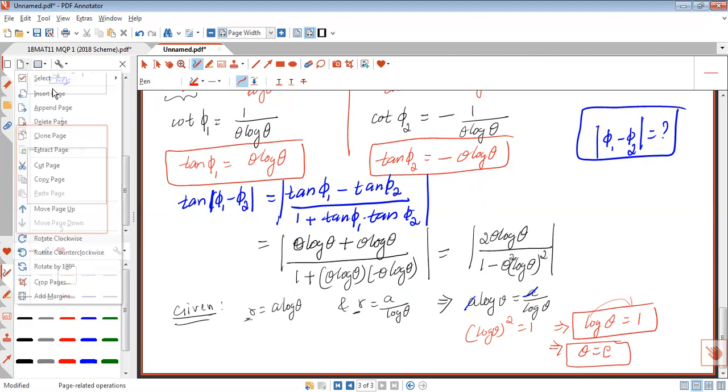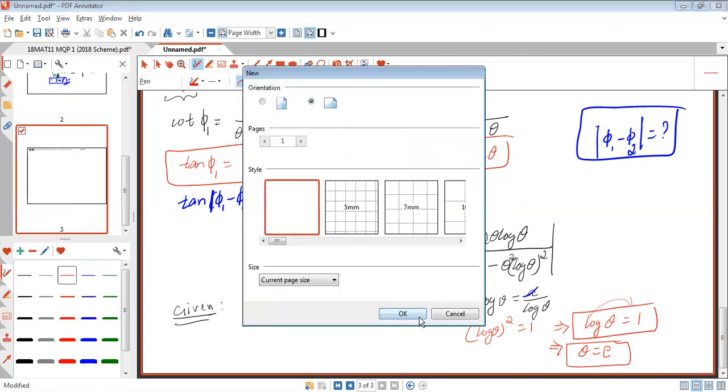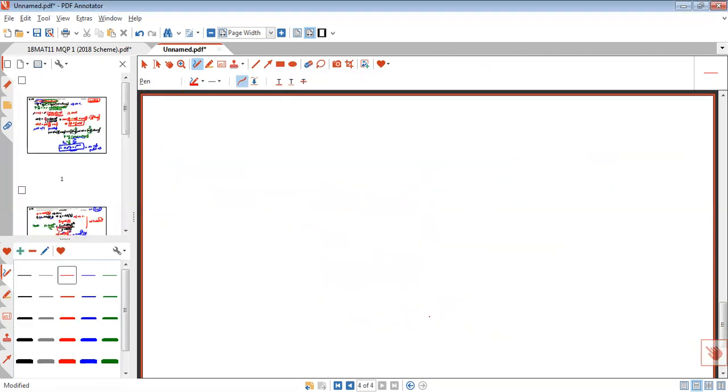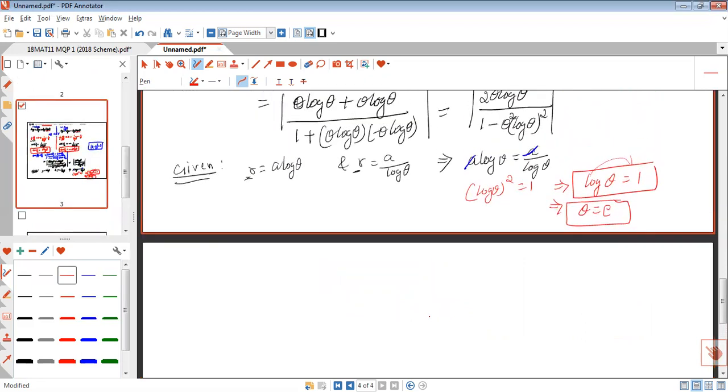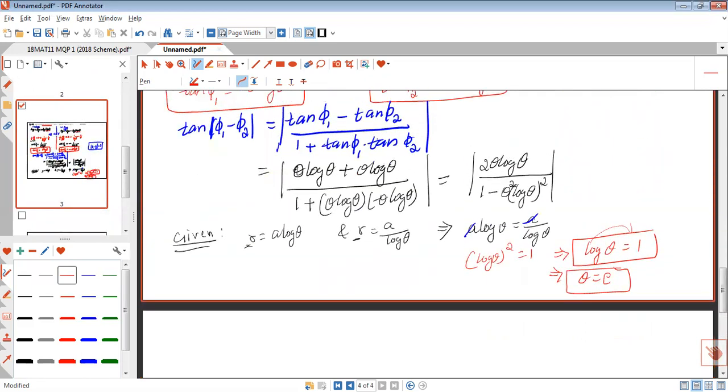Now substitute this in equation number 1.